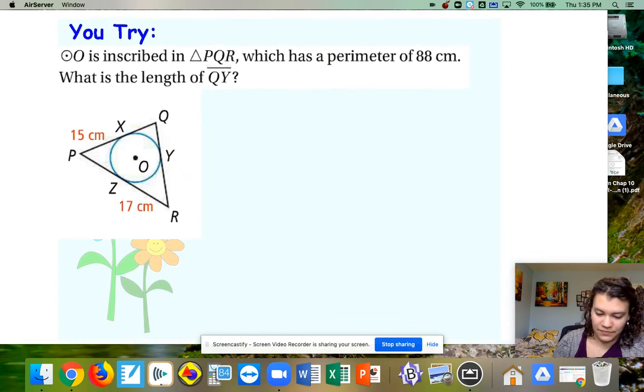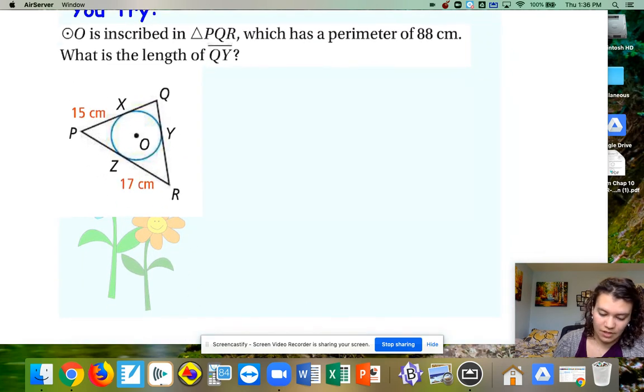Last one here. So we have another shape. We want to figure out what is QY. So this is our X. We don't know what that is. I'm going to call it Z. So this one has to be 15, this one has to be 17, and this could be another Z since they're the same. So adding these up, we know they have to equal 88.